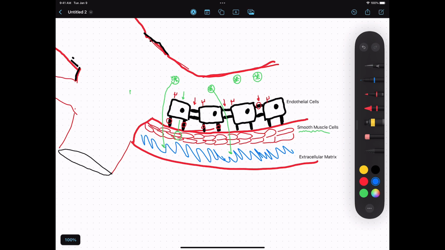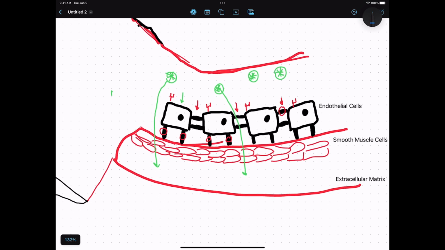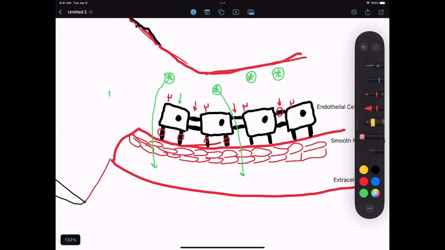In order for these endothelial cells to be mobile and to be able to move, inflammation has to recruit something called MMP, and that is matrix metalloproteinase.